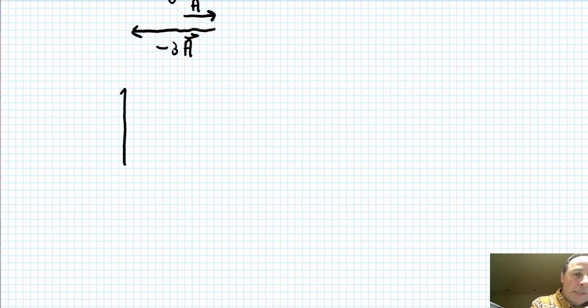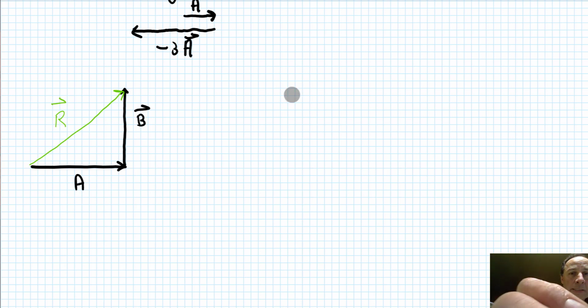You've got a vector B here, and you've got a vector A. Okay, and let's try that again. Vector here, a resultant. That is at some angle theta.